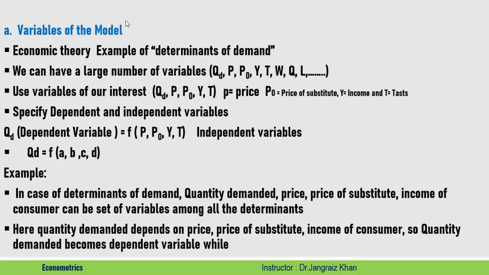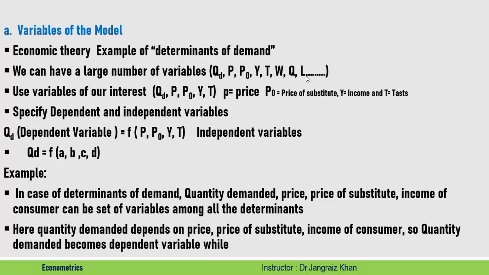So first we specify the expected variables: Q the quantity demanded, P the price, P naught the price of substitute, Y the income, T the taste, W the weather conditions, Q the quality of product, L the location, etc. So there can be a large set of variables which can affect the demand.